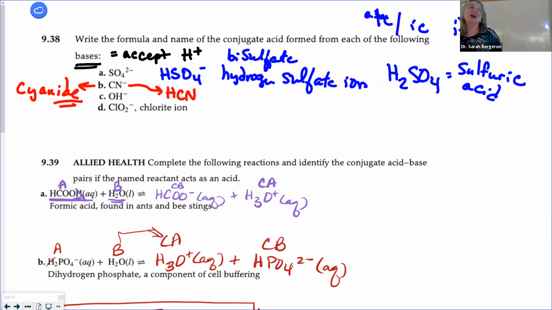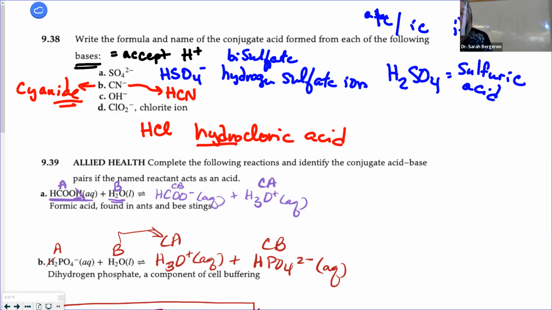So if you end in ide, what's the rule? Now I know this one's kind of weird, because usually things that end in ide are on the periodic table, right? If I said HCl, what do you call HCl? Hydrochloric acid, right?